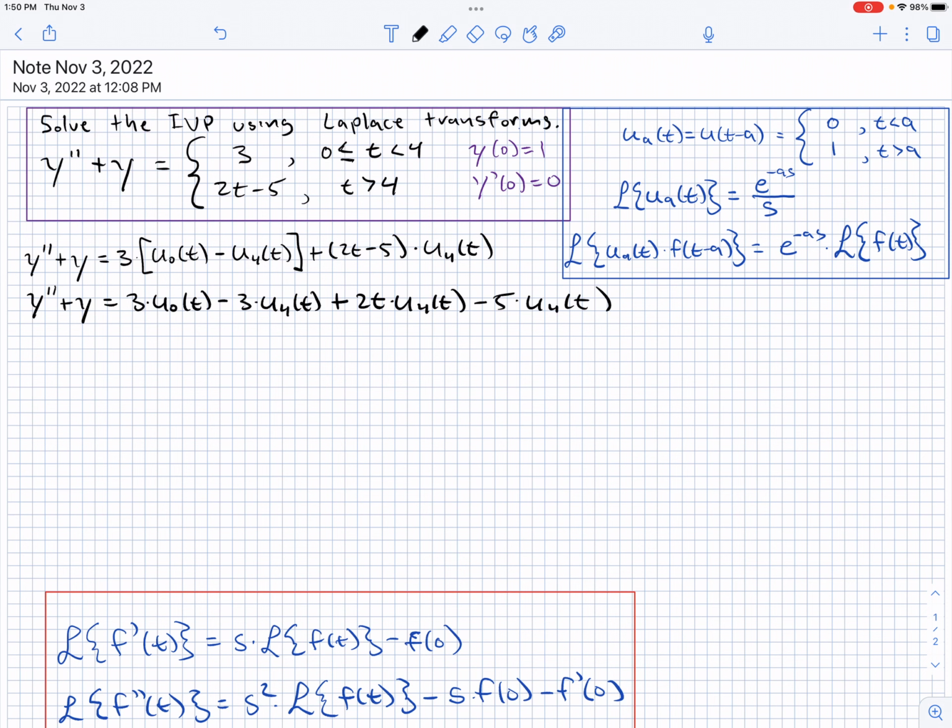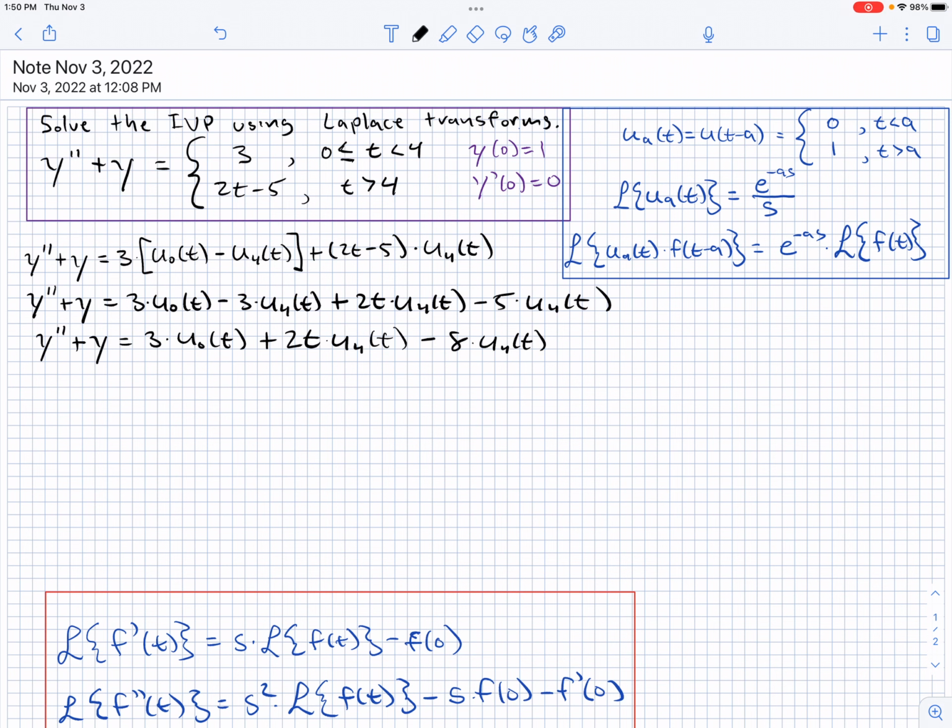So we distributed terms. We look like we have a like term here. Might as well clean that up a little bit. y double prime plus y being equal to 3 u sub 0 of t, plus 2t times u sub 4 of t first, and then that will be minus 8 times u sub 4 of t.